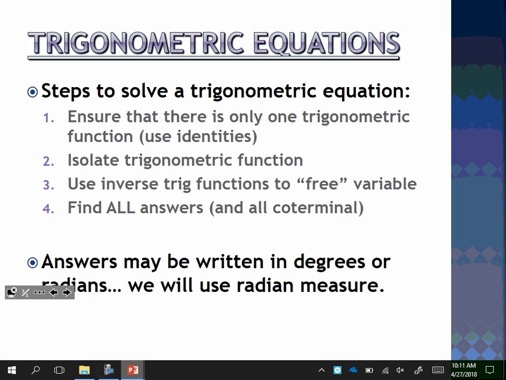So when I have sine of x equals a half, then I'm really thinking, all right, when does x equal inverse sine of a half? Because that's going to get that x by itself. It's just I'm not going to restrict myself to a particular quadrant like we do for inverse trig functions. And then from there, we find all of our answers, including any coterminal answers to the angles that are on the unit circle.